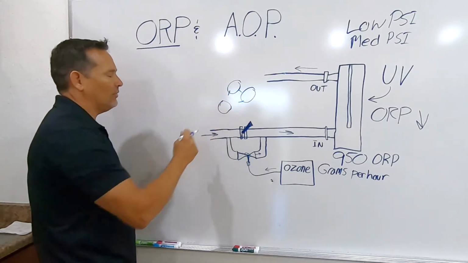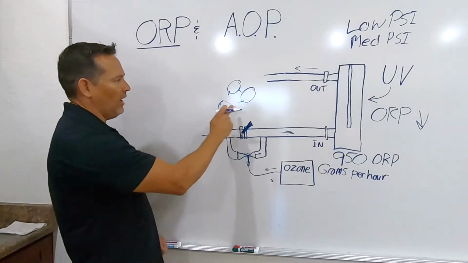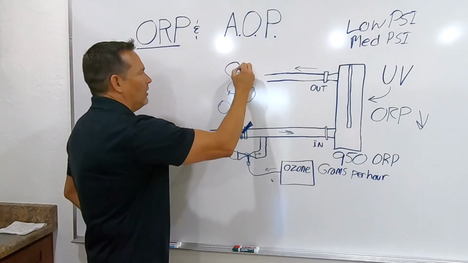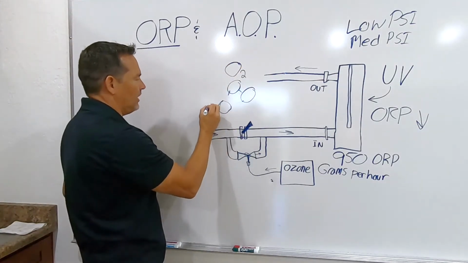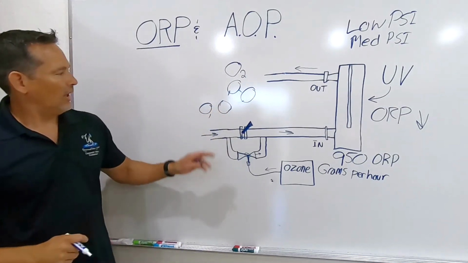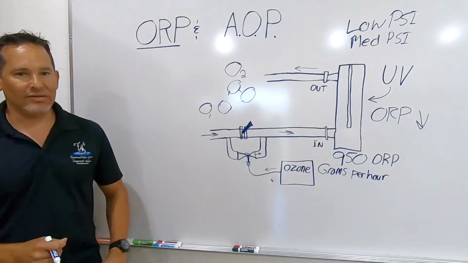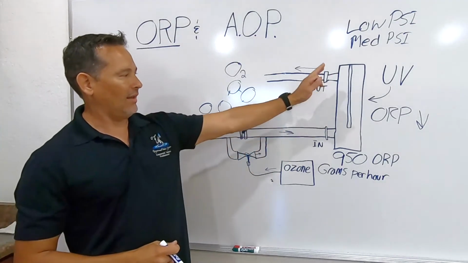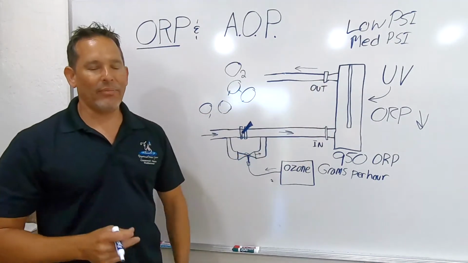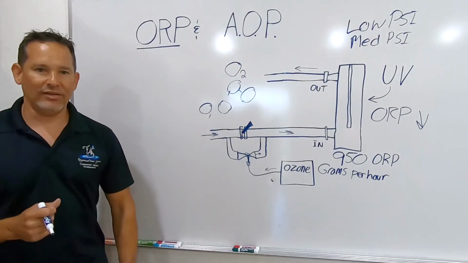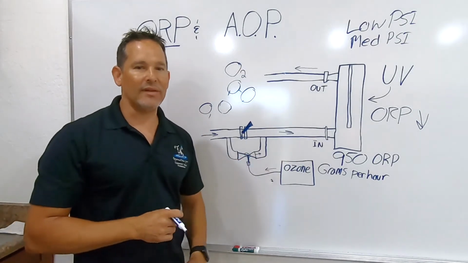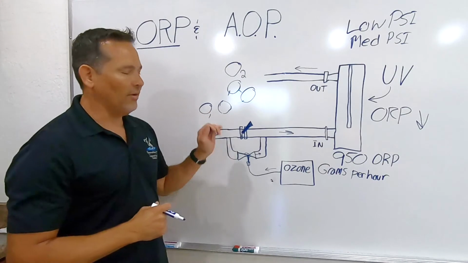And this hydroxyl radical is what they call it. The oxygen goes back to being O2, and this is actually O1, and it breaks that down and separates it. This guy will actually disappear once it hits that lamp, and through this chamber it happens in literally microseconds. So you have millions of reactions taking place very, very fast.